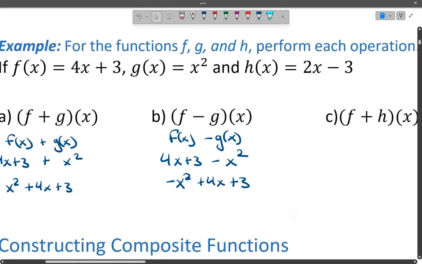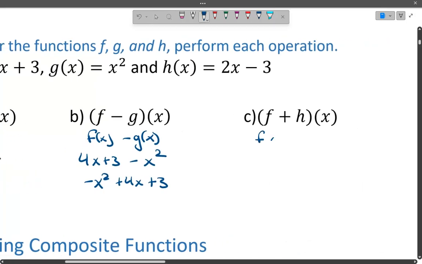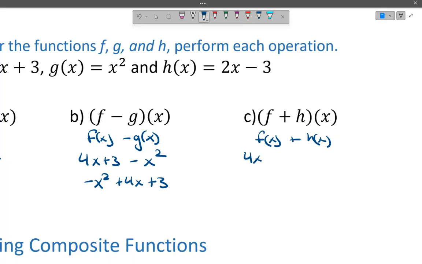Here we're going to be adding f of x and h of x. So f of x plus h of x. F of x again being 4x plus 3, and h of x is 2x minus 3. We'll combine like terms, giving us 6x, and the 3 and the negative 3 will cancel.